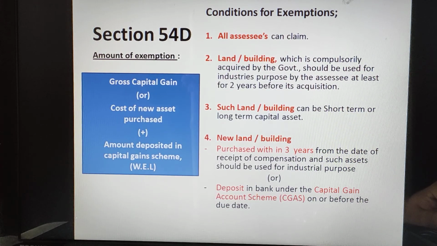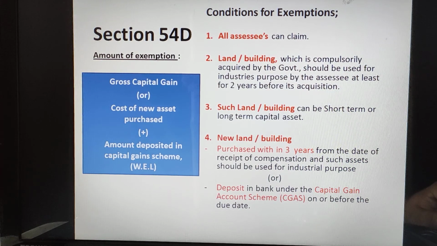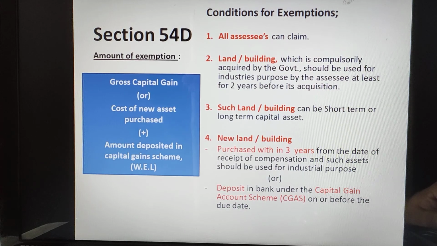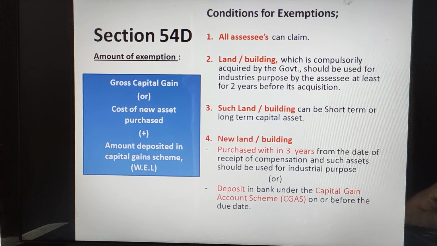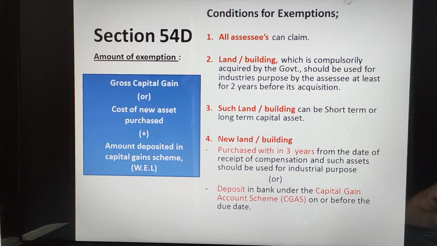So if you are satisfying these 4 points, let me simplify. First point, any type of assessee can claim. Second point, land and building acquired by the government should have been used for industrial purpose. Third point, such land and building can be long-term asset or short-term capital asset. Fourth point, you need to purchase the new land and building within 3 years of receipt of compensation, meaning from the date of receiving the payment from the government.